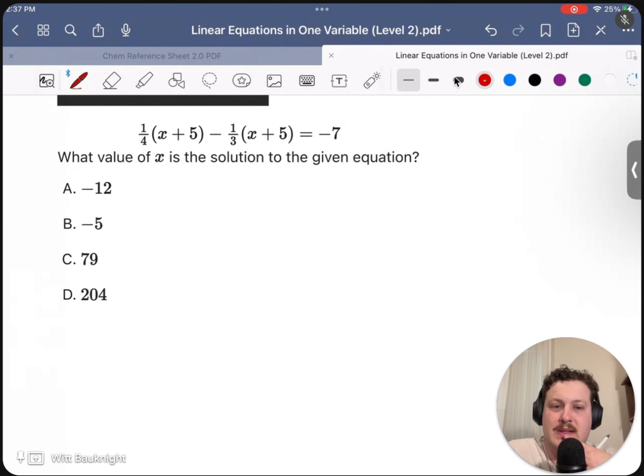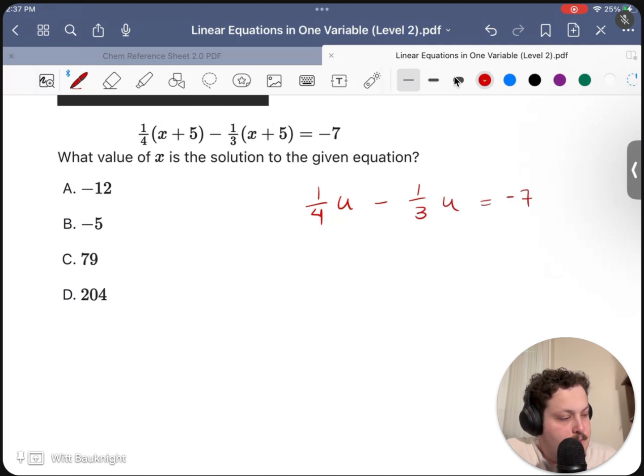We could do the same thing here, the whole u substitution. 1/4 u minus 1/3 u equals -7. That's like saying 3/12 u minus 4/12 u equals -7. That means -1/12 u equals -7.